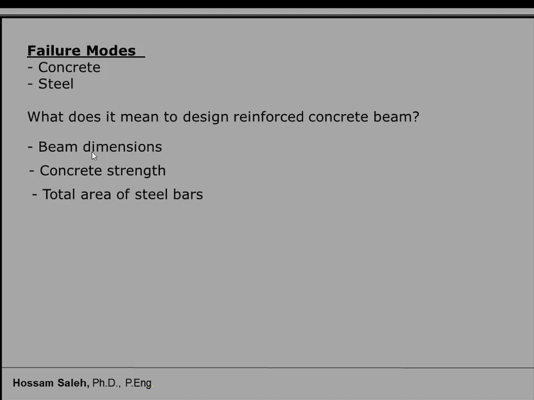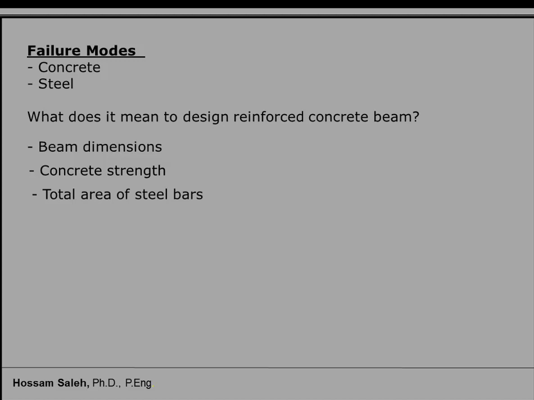So designing a concrete beam to resist bending moment will require three items: the choice of beam dimensions, and we have to consider that these beam dimensions will affect the clear height within the building.